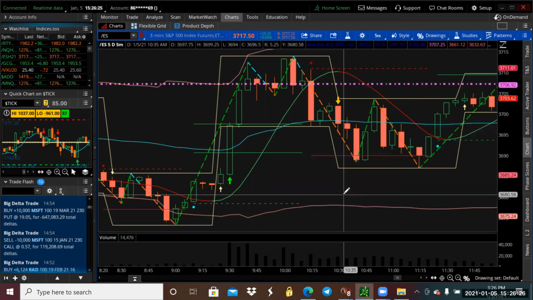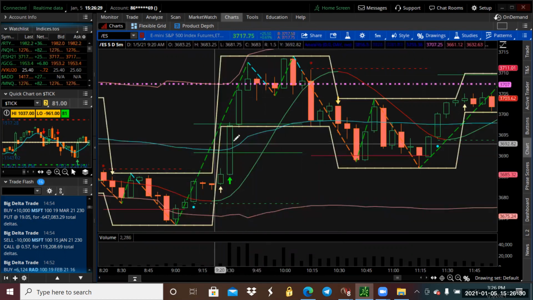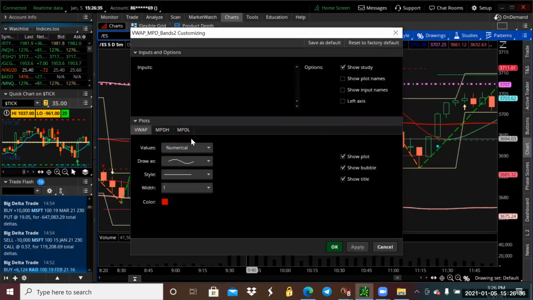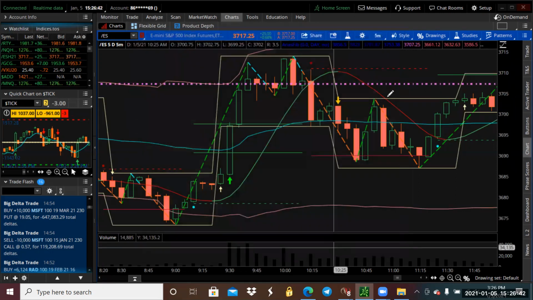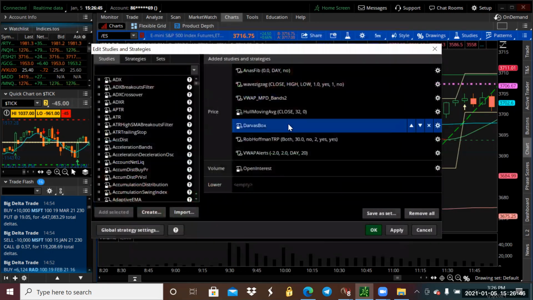Okay, so if you have the MPD bands, this is the MPD bands, okay? Let me turn off the MPD bands, because we don't really need that. I need to do one more thing.